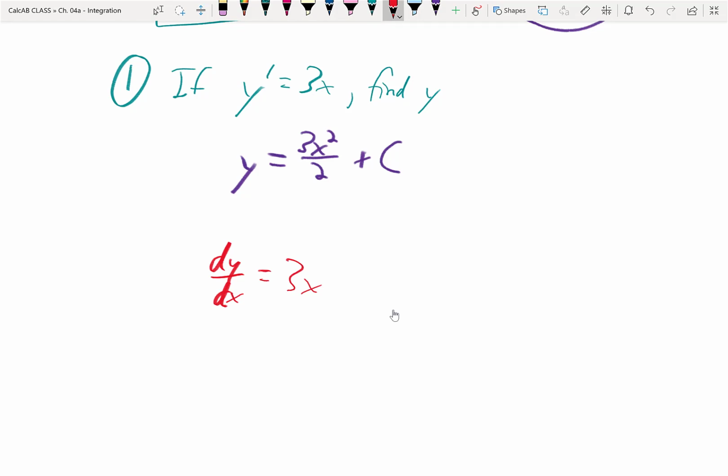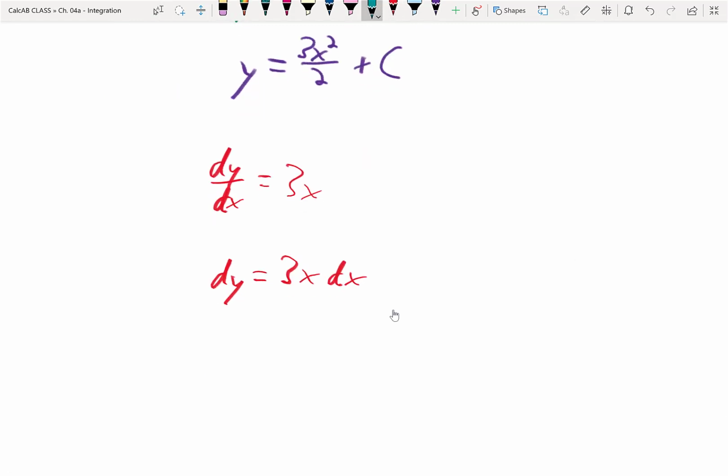I could multiply both sides by dx to get dy is equal to 3x dx. Remember your related rates? Where I could divide both sides by t if I wanted to and make it dy dt is equal to 3x dx dt.